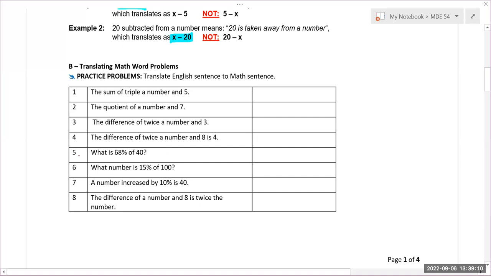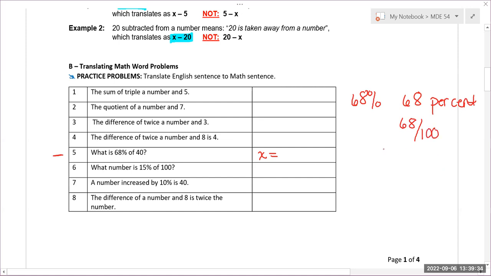So one that I'm going to look at is number 5. What is 68% of 40? The what is an x or any variable. Now I'm going to write this off to the side, 68%. That actually means it's 68 out of 100.